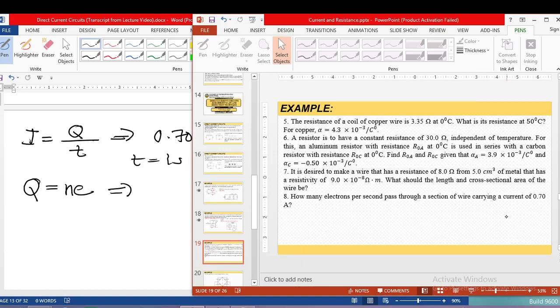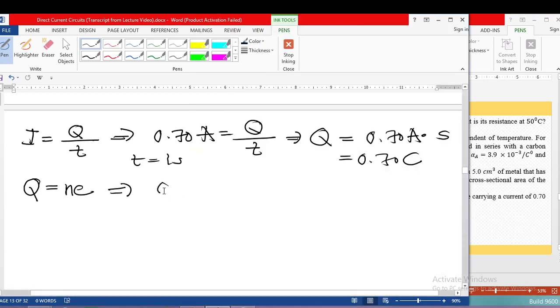So basically we just have to find Q. That is 0.70 coulomb divided by the magnitude, 1.6 times 10 to the negative 19 coulomb. So that is equal to the number of electrons. So how much is it?